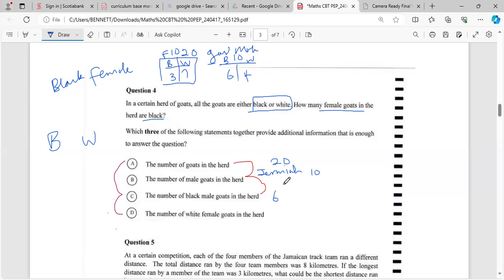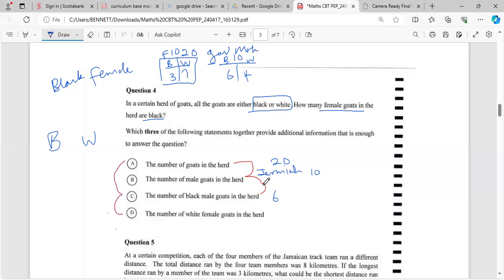But remember, the female goat can be either white or black. How are we going to know how many black, how many white using this alone?